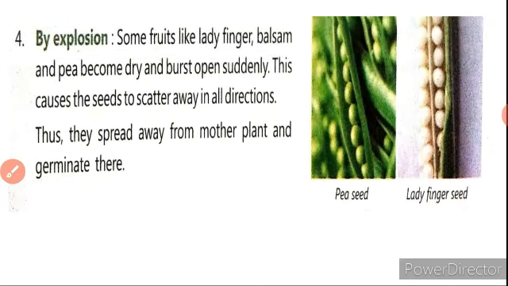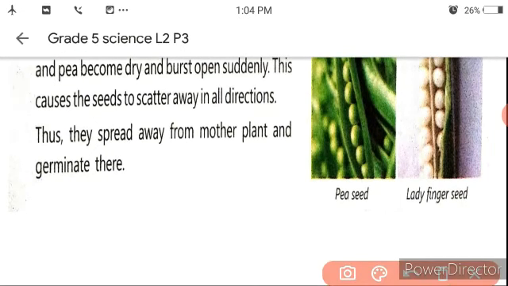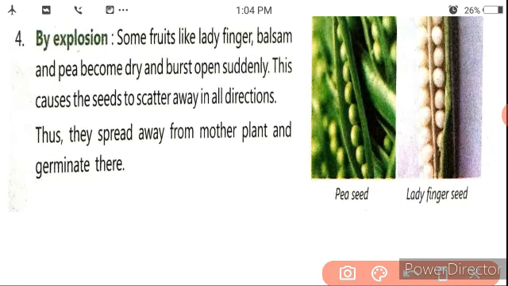Next one, by explosion. How does the dispersal take place by explosion? See, some fruits like ladyfinger, balsam and pea become dry and burst open suddenly. This one is the pea seed, this one is the ladyfinger seed. You might have seen the ladyfinger seed. Once it dries, it bursts open suddenly.